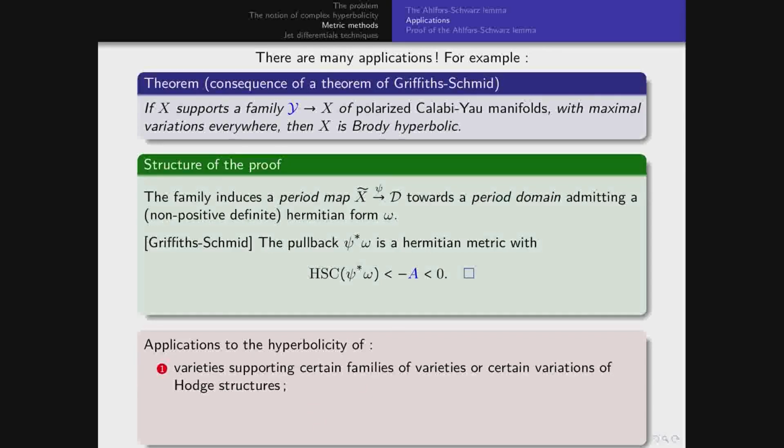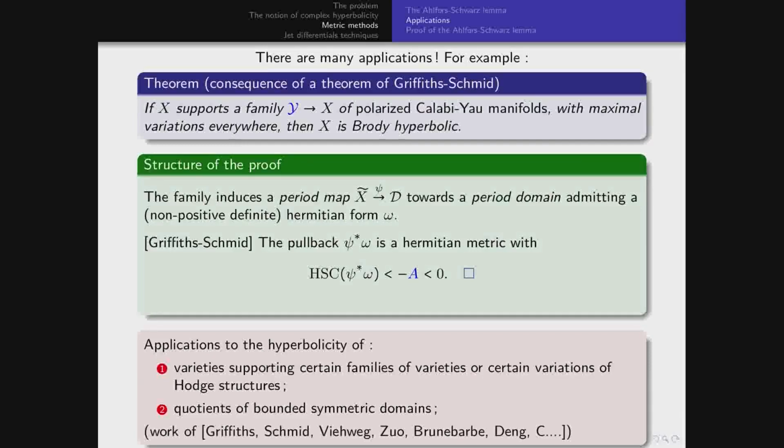So the Ahlfors-Schwarz lemma can be applied in the same spirit as this theorem to varieties supporting certain families of varieties other than polarized Calabi-Yau manifolds, or also certain variations of Hodge structures, also to varieties which are expressed as quotients of bounded symmetric domains, since these varieties admit naturally metrics with a holomorphic sectional curvature which is bounded from above.